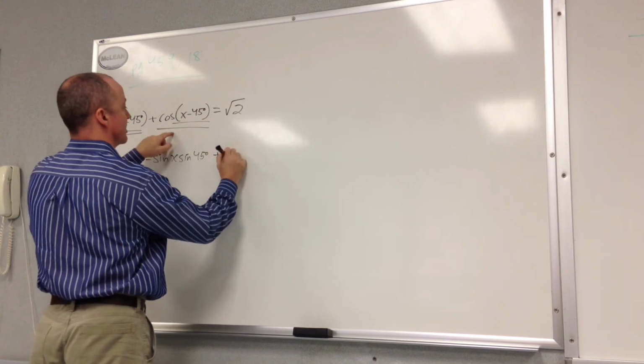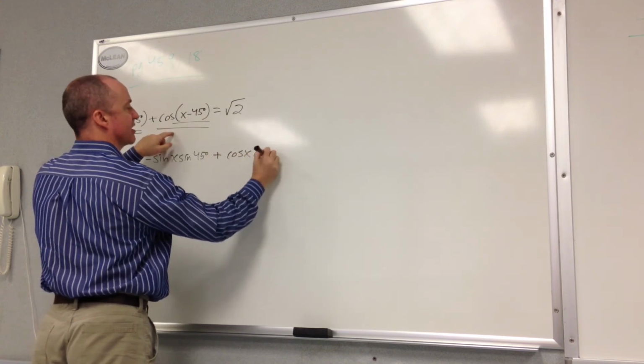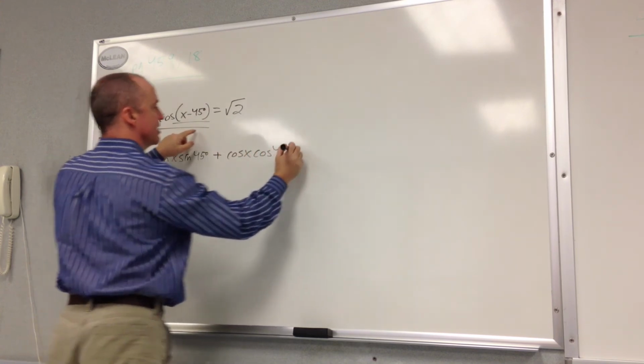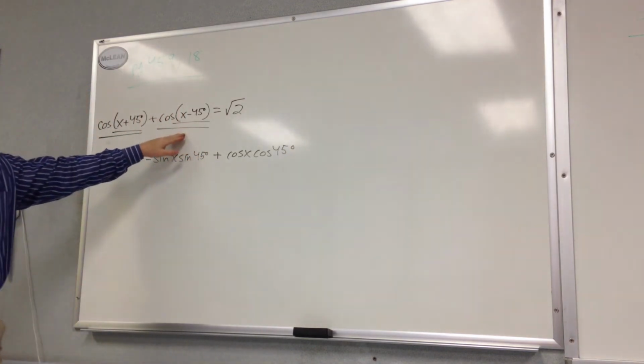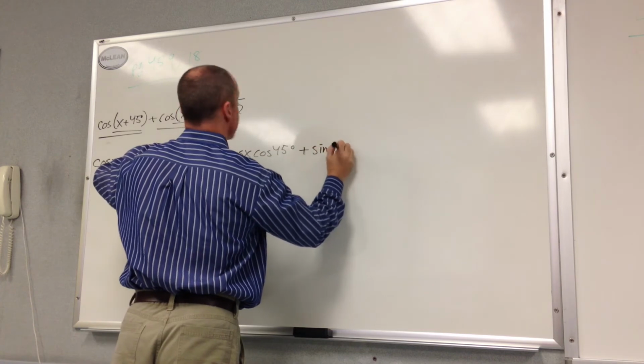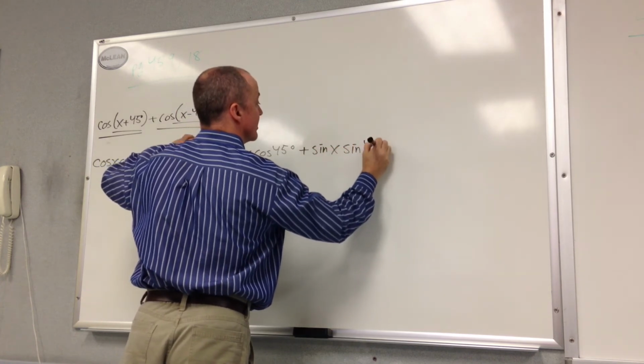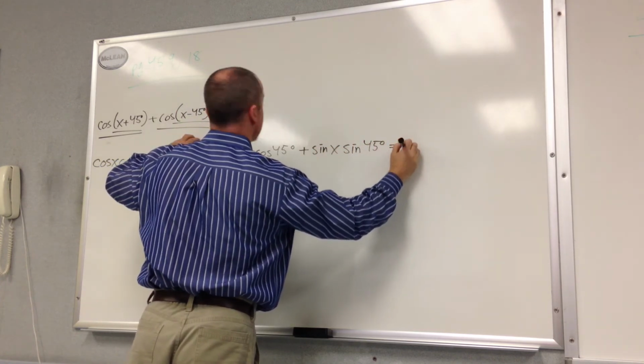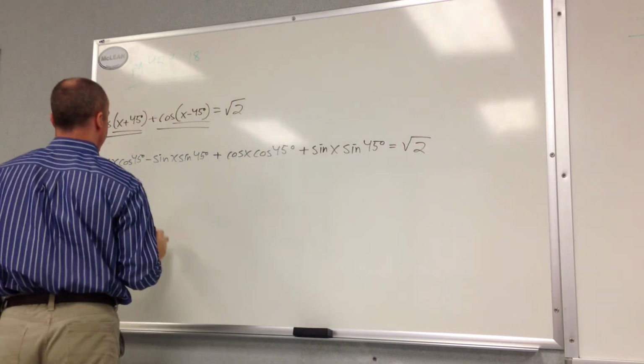Plus cosine x cosine 45 degrees. Is it plus or minus on this one? I have a difference. Plus. So it's plus sine x sine 45 degrees equals square root of 2.